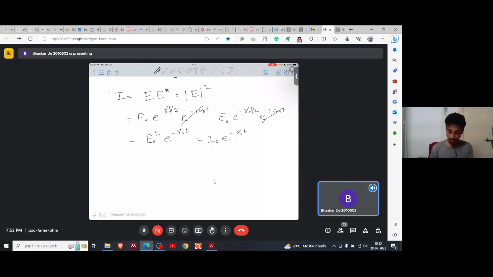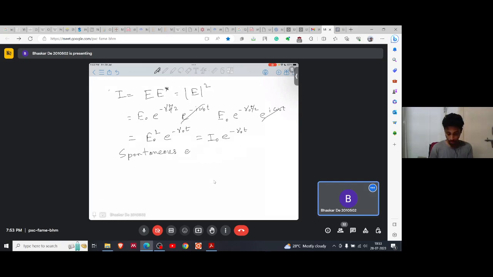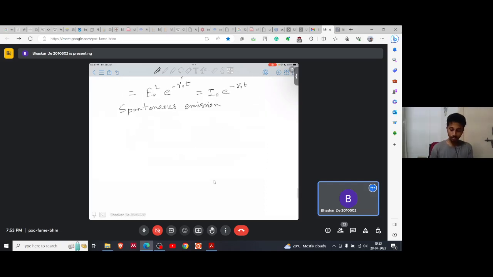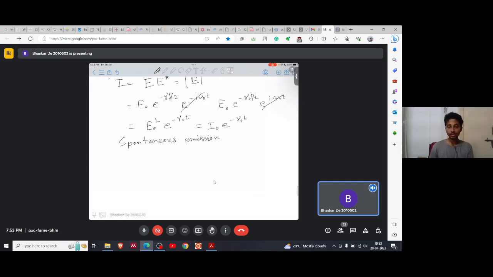I have just very simply shown the decrease in the intensity, but this is actually the equation of spontaneous emission. This comes from the fact that the system will relax, because the excited electron will go to a lower state naturally.